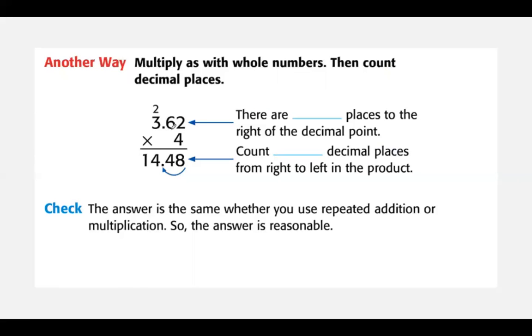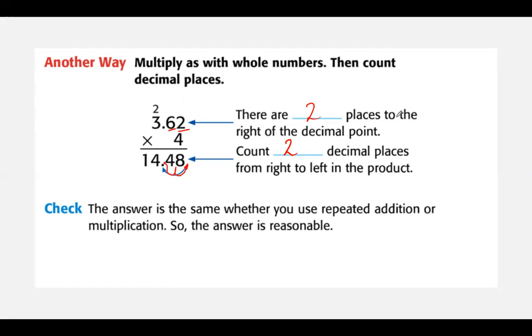Right here we have 1, 2. So when we get our answer, we need to put our decimal point back in. So we count 2 places from the very far right, 1, 2.